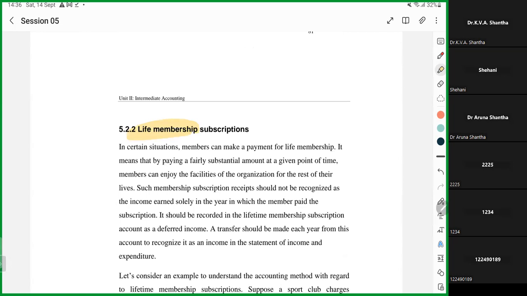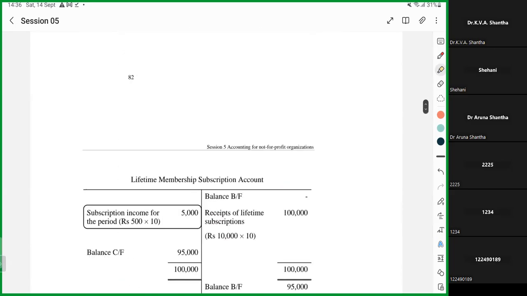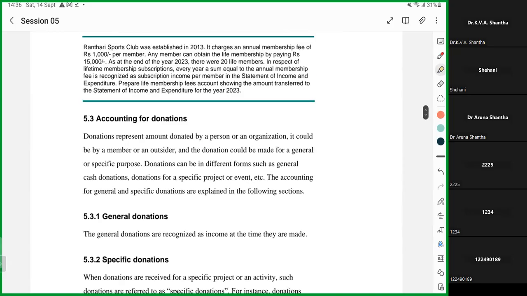Right. So here you can study how to account for annual membership fees and how to account for lifetime membership fees. Right. So all these are explained with examples.